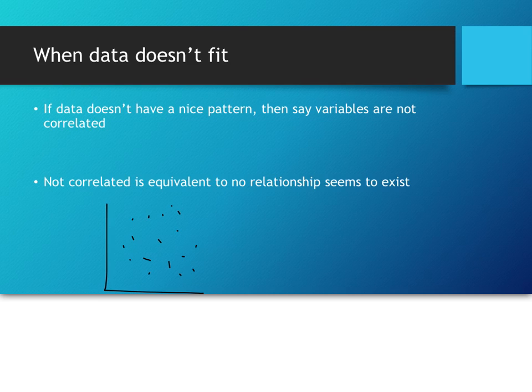All right? Now, oftentimes when you get this kind of a case, your R-squareds are typically bad. And so you'll see that if your R-squared is less than 0.6, then the relationship won't look very good.